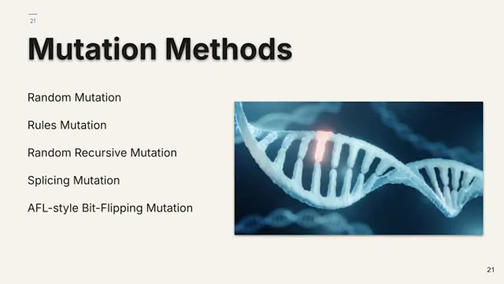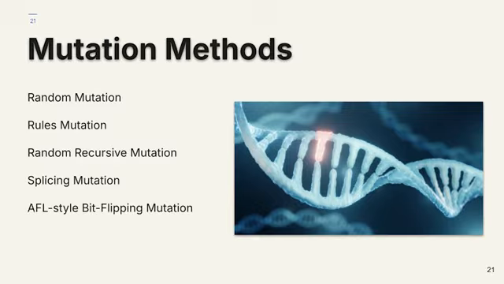Nautilus uses a wide variety of mutation methods in order to generate new seeds from the interesting ones that it found earlier. Random mutation replaces a random node in the parse tree with a newly generated valid subtree. Rules mutation is Nautilus replacing nodes with subtrees generated by other possible rules within the grammar.